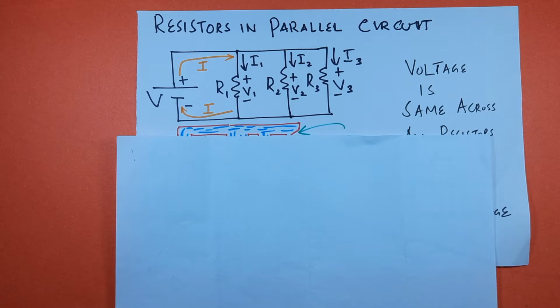The supply voltage V, R1, R2, R3 all are connected in parallel because top is one common point, bottom is another common point, right? So it is a parallel circuit.